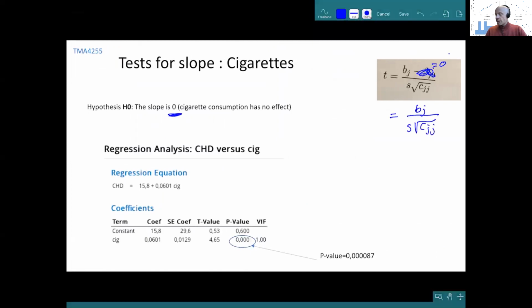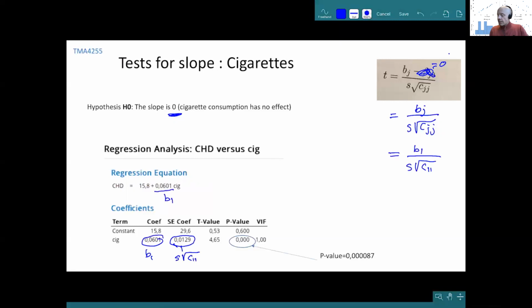And here we test for the one slope that we have. So here it's B1 over S times the square root of C11. And we saw that this one is B1. And this number that we have down here, so this is again B1, the estimated slope with respect to cigarette consumption. SE Coef is then S times the square root of C11.